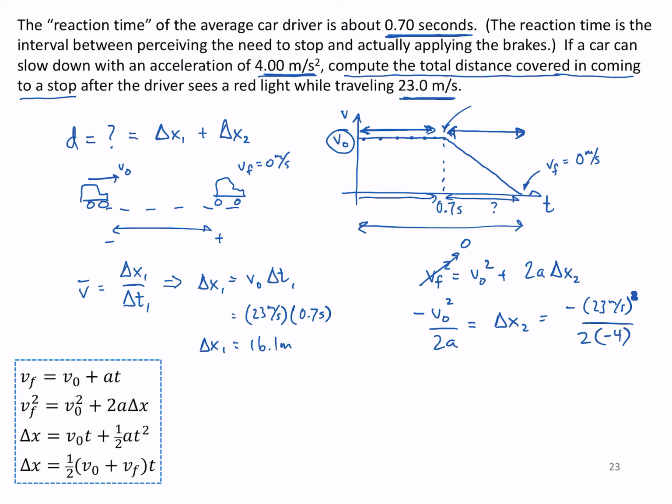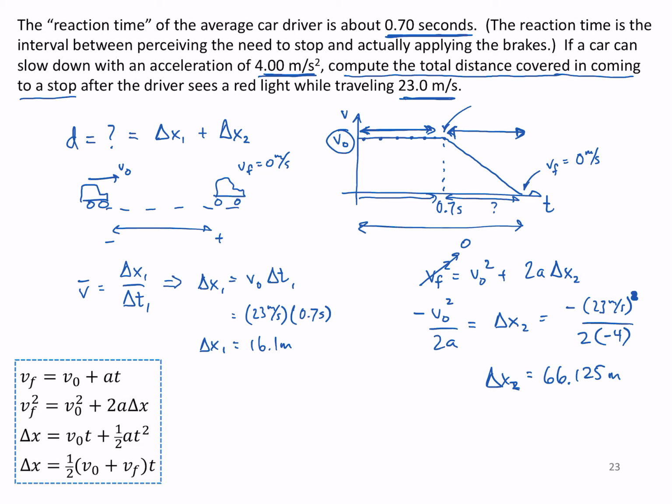If we don't put in the negative acceleration, we get a delta x that is negative, and that won't make much sense. We don't start moving backwards. We're still moving forward, just slowing down. And when we plug those numbers in, if I've punched it into my calculator correctly, you get a little over 66 meters.